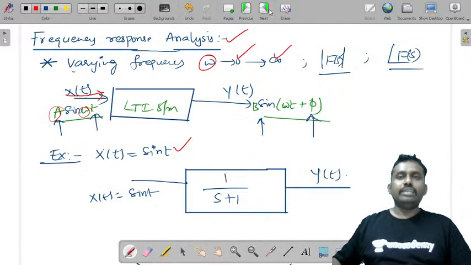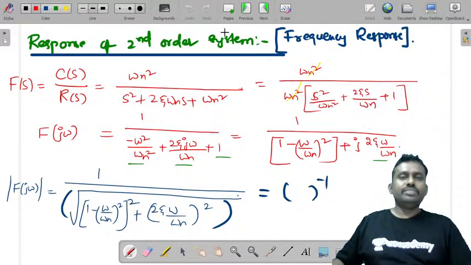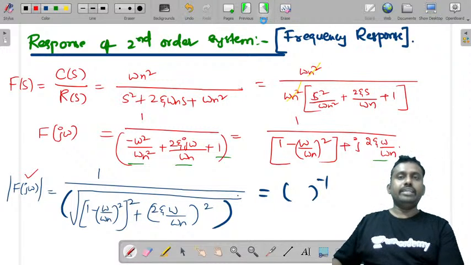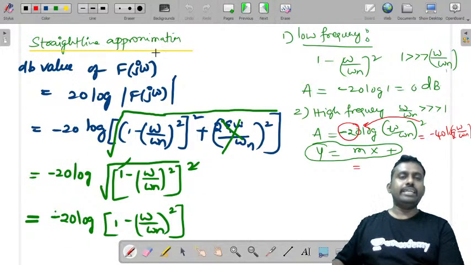We took the standard second order system in time constant form, wrote the magnitude and phase angle, and plotted magnitude versus frequency. To approximate it with straight lines, we used the straight line approximation.